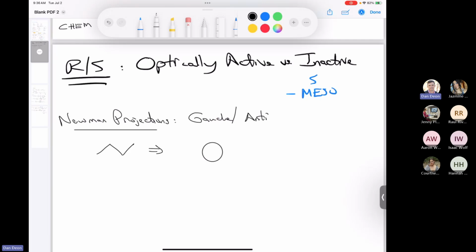You have a methyl group, and then you have the other methyl group down here, and everything else is a proton. Could anybody tell me what conformation the molecule is in here that I've drawn in this Newman projection? Would this be gauche or anti, what I've drawn here?